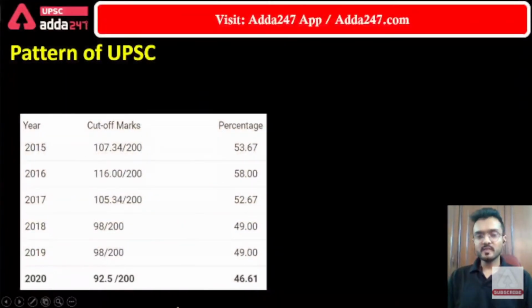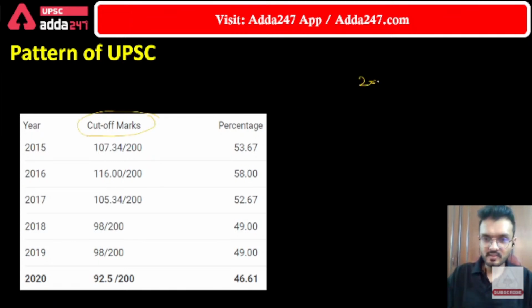But the problem with the prelims of the UPSC is that it is getting difficult day by day. If we see the cutoff marks of the preliminary out of 200, in 2015 it was 107, in 2016 it was 116, and from 2018 onwards it was just 98, then in 2019 it was 98 again, and in 2020 it was 92.5.